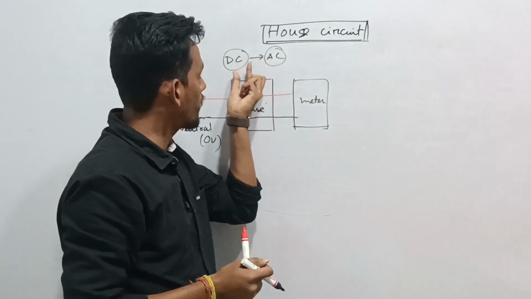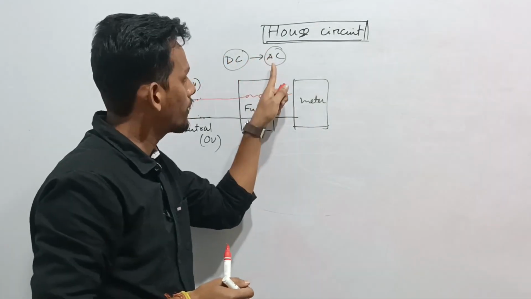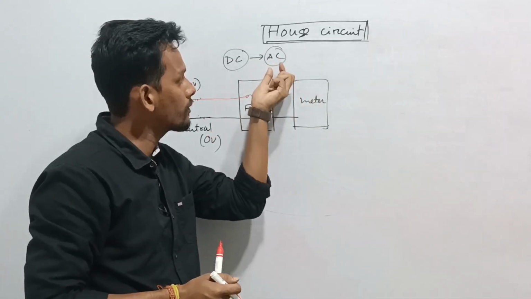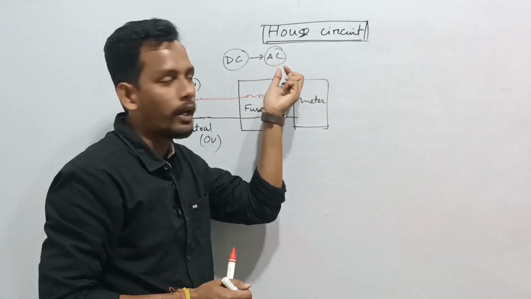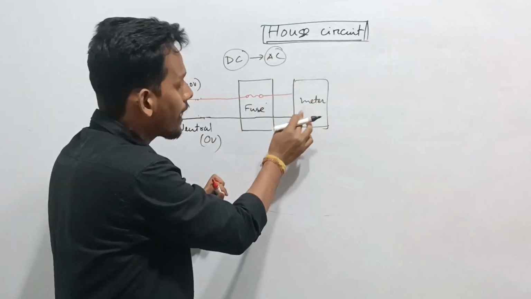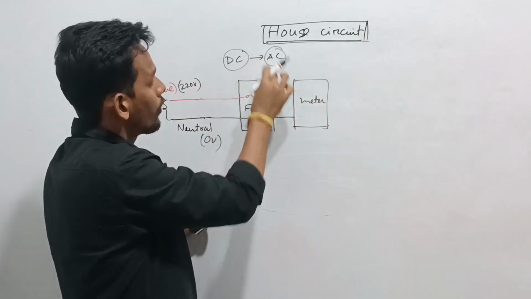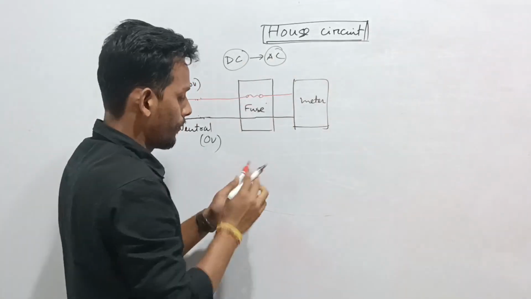In direct current, the direction of the current is only one. In AC, the direction of the current is reversible; the full term is alternating current. AC means alternating current, DC means direct current. The meter can convert the DC current from the wire to AC for your household circuit.